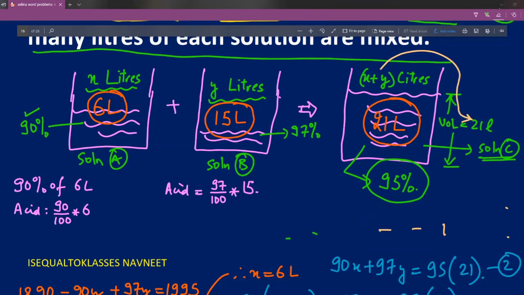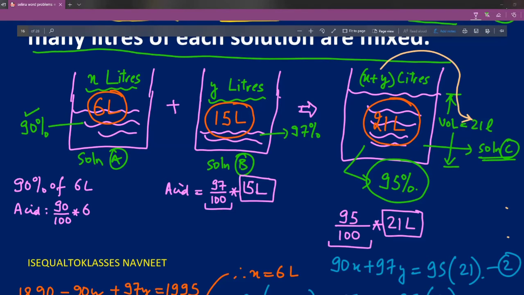In 21 liters, the amount of acid that I have is 95% of 21. 21 liters is the total solution, and 95% is its concentration. 15 liters is the total solution volume, and 97% is the pure acid component. 6 liters is the total solution, and 90% is the acid component.